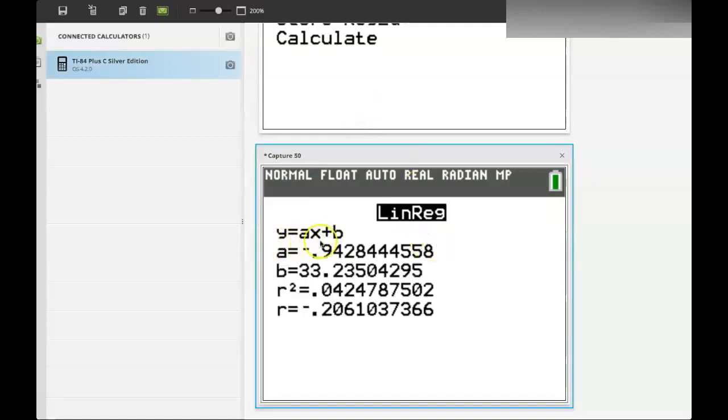So here is y equal to ax plus b. Our slope is negative 0.9428, and y-intercept 33.2350, and our correlation coefficient, we need that one. R is negative 0.206. I'm rounding that to this number.